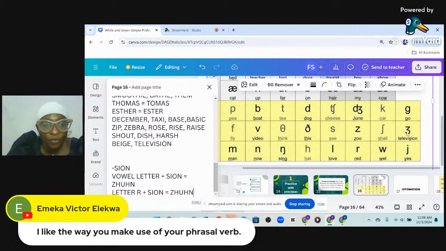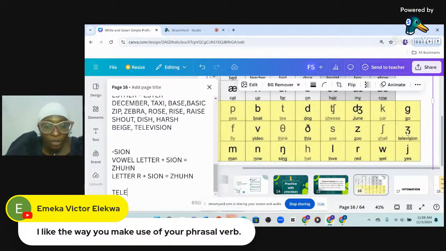So I can have words like television. In the word television, I have letter I before SION. Because of the I, SION will sound jeune. I have another word like excursion. In the word excursion, I have letter R before SION. So because of that, SION will sound jeune.